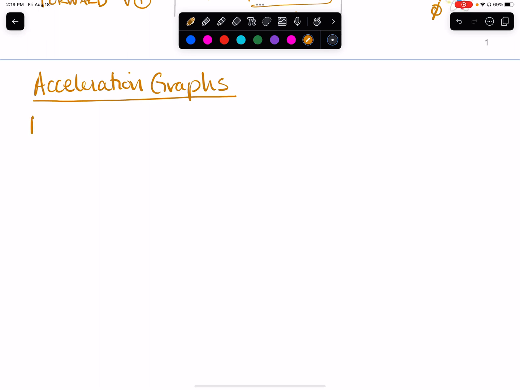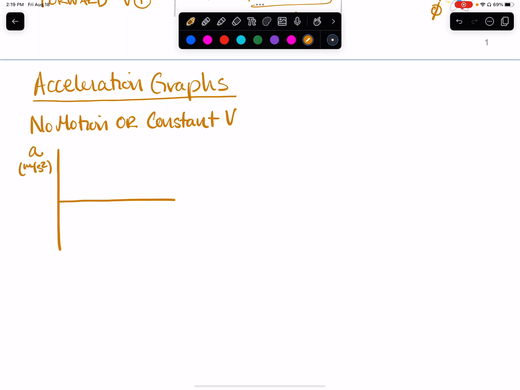If we have no motion or an object with constant velocity, then the acceleration graphs are going to look the same. This is going to be my acceleration on the y-axis, and then time would be here. Our acceleration would be 0 because it's either not moving or it has constant velocity, so it is not accelerating. All right, so that one's pretty straightforward.